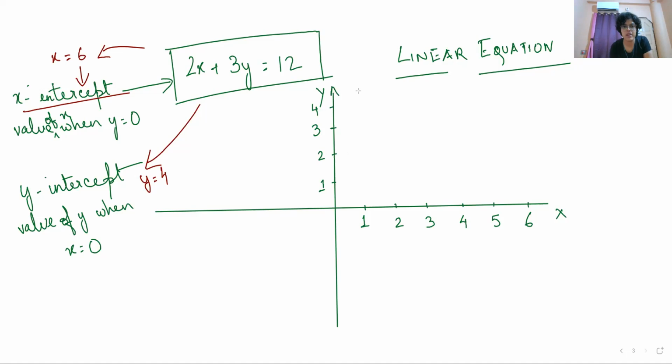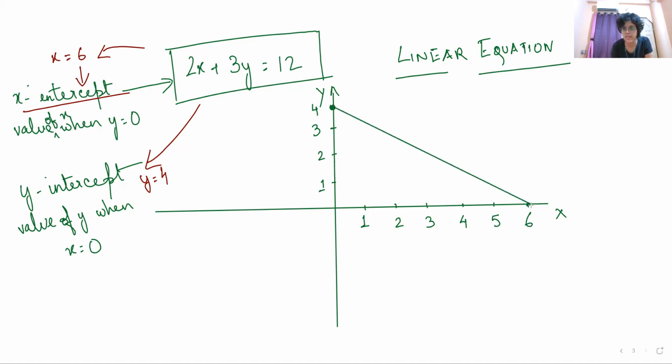So now we just draw a line that goes through the y-intercept, which is 4. So this much is the y-intercept here. It should go through that. And we have the x-intercept as 6, which is here.